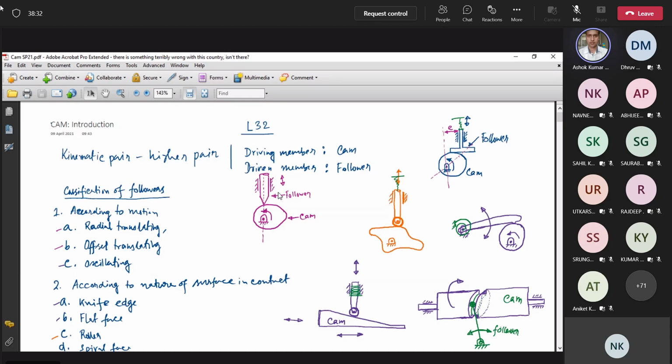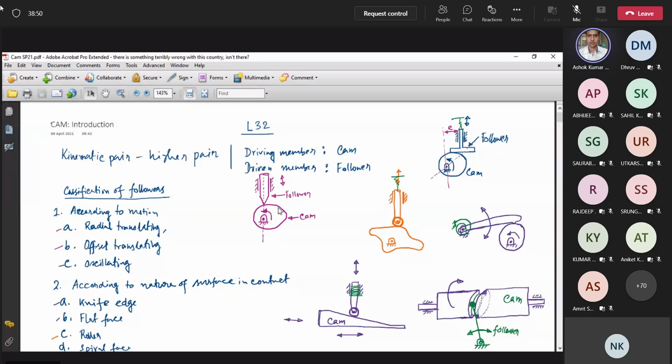Why do we need a cam follower mechanism? Sometimes we need some kind of motion or output which is related to circular motion.